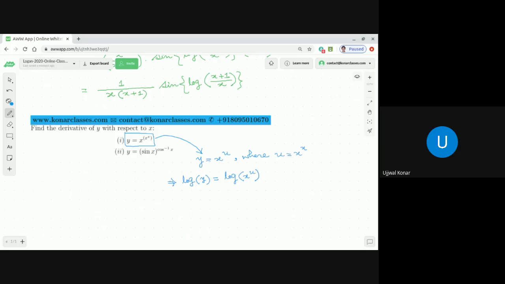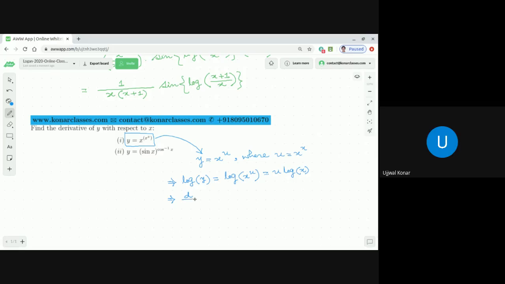That implies what? That implies u into log x. Correct or not? Now let's differentiate with respect to x, because our purpose is to find dy/dx.